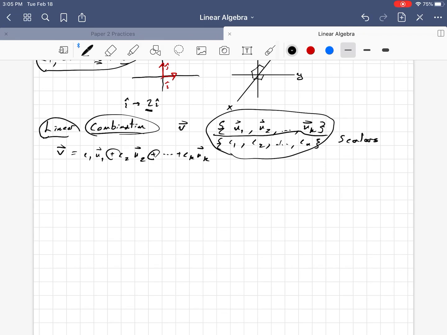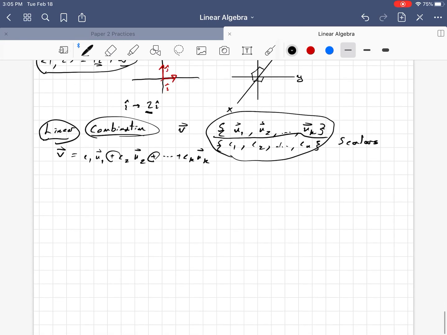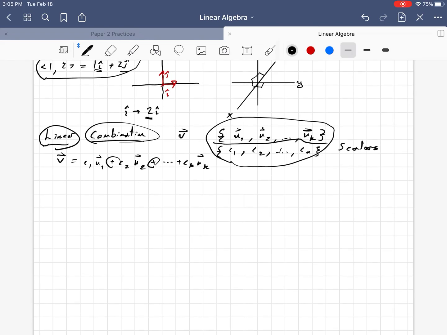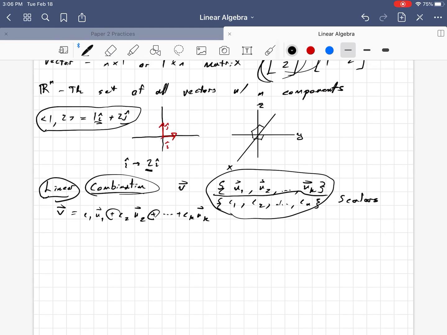And the linear part comes from the fact that, you can't really raise vectors to a power, so to say, but these vectors create the shape of a line, right? The vectors aren't curved in any way. They are straight. They make a line. That's where the linear comes from.